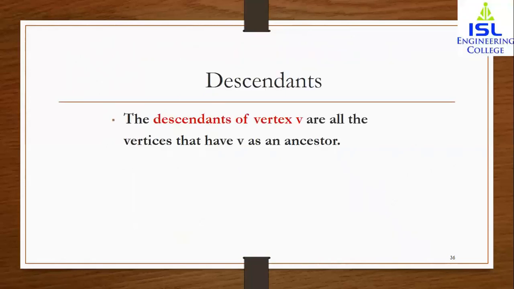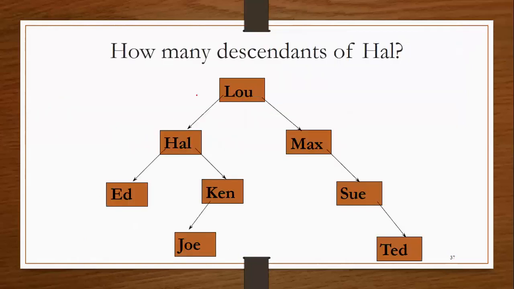Now what do you mean by descendants? The descendants of a vertex V are all the vertices that have V as an ancestor. Suppose ancestors are basically your parents, grandparents, and all the way up till you reach the top, and descendants are basically your children, grandchildren, and so on. So if the person is an ancestor, then you are the descendant.